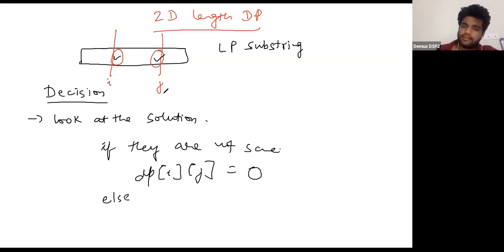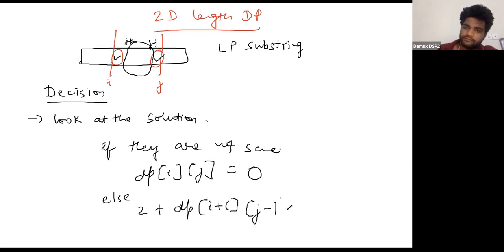The other case is if they are same. If they are same, it will be the longest palindromic substring starting at i plus 1 and ending at j minus 1, plus 2. Yes, that's right: 2 plus dp[i+1][j-1]. So that's the decision.